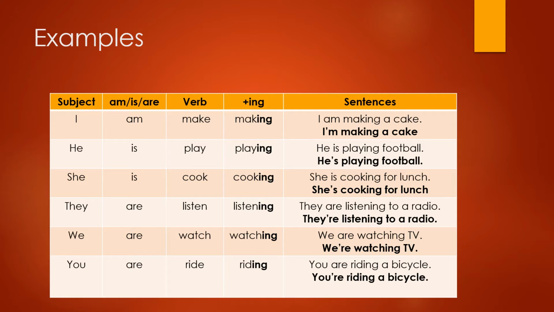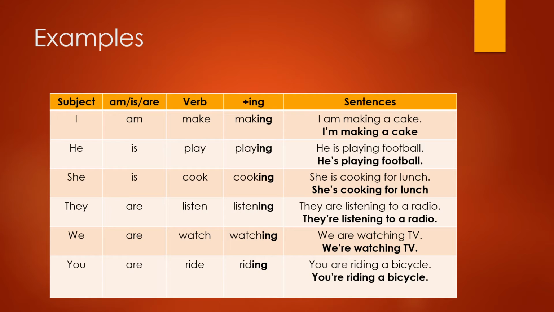I am making a cake. If you want to write short, you can write I'm making a cake. If the verb ends with the letter e, you have to erase the letter e and add ing.